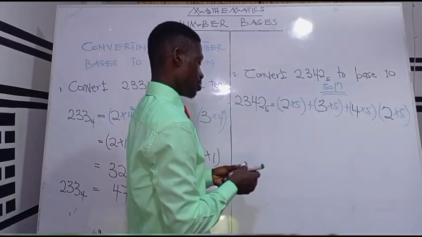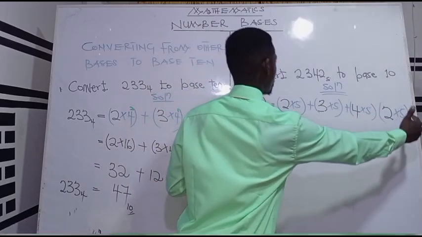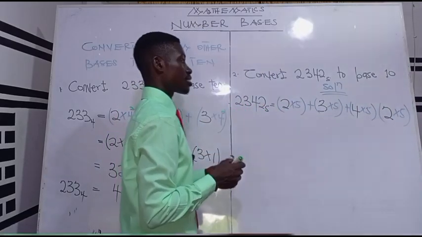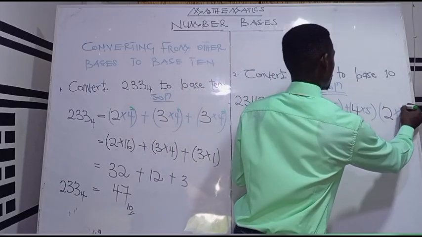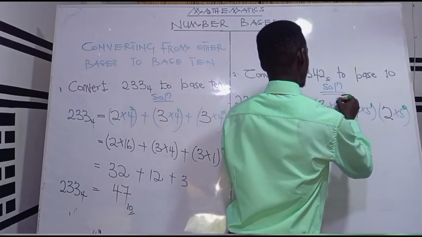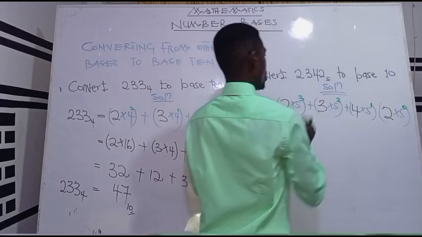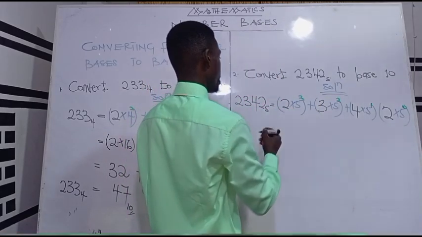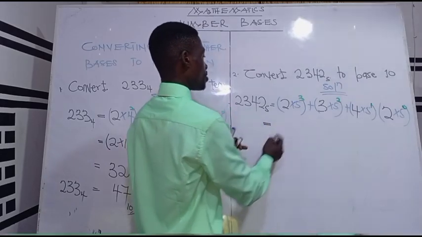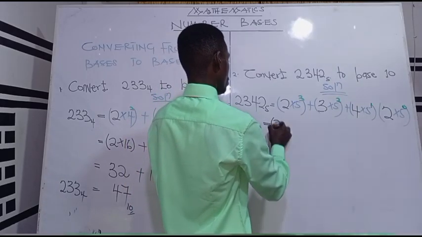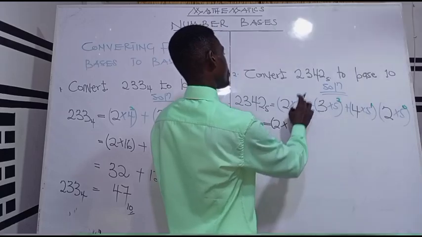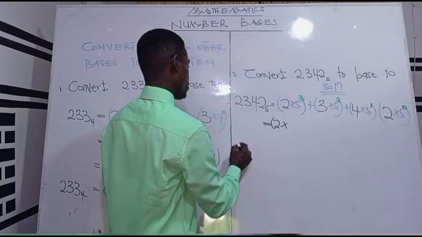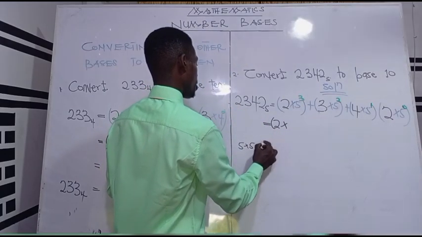So the next thing that we are going to do is start counting from the extreme right to the left, starting from 0. So we have 0, 1, 2, and then 3. So the rest is simplification. So we are going to get 2 times 5 power 3, which means 5 times itself 3 times.